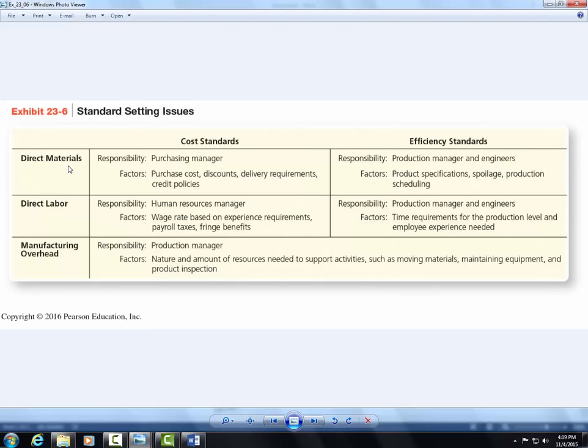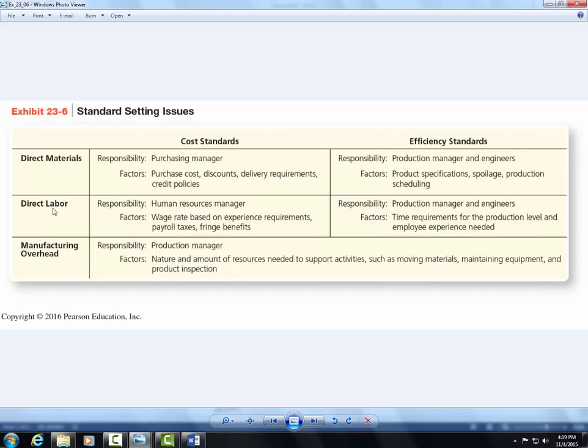So how much is the direct materials going to cost to produce one batch of crayons? The accounting department would have to consult with the purchasing manager to come up with that cost standard. And they would consider the purchase price as well as any discounts or delivery fees.